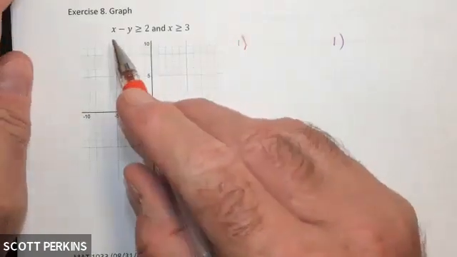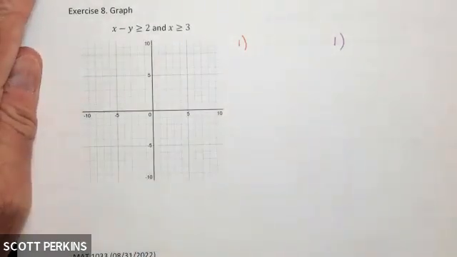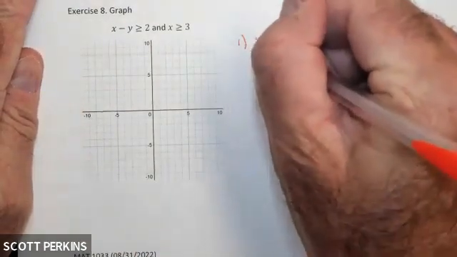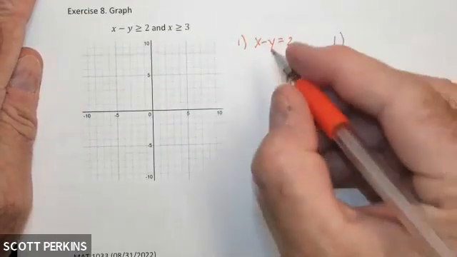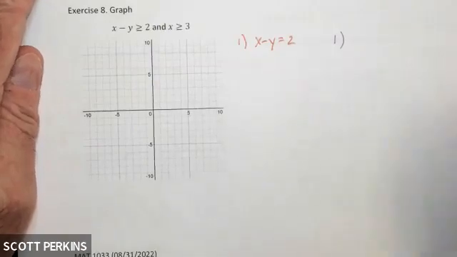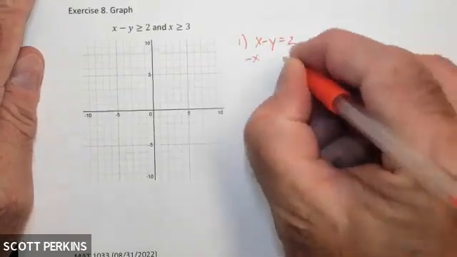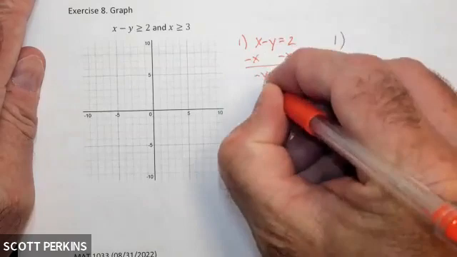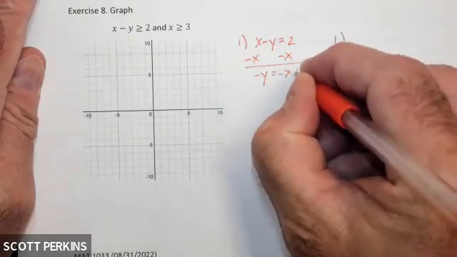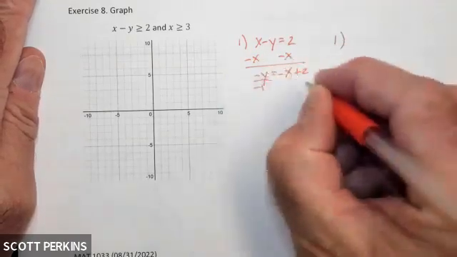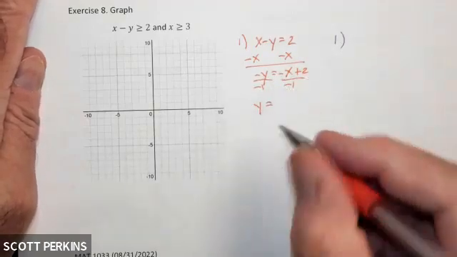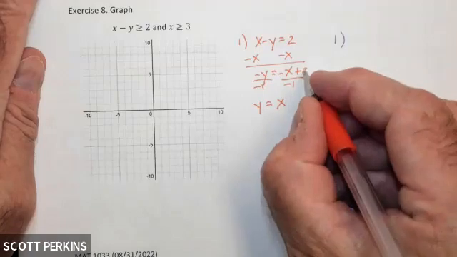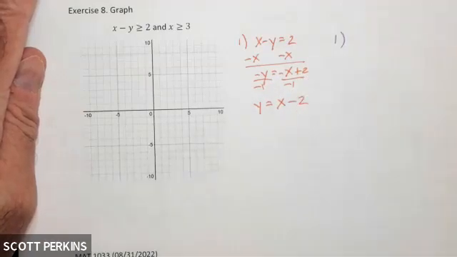So the first one, I'm just going to do x minus y greater than or equal to 2. My boundary is x minus y equals 2. I'm going to solve that for y. You're welcome to graph that using the x-intercept and the y-intercept. It doesn't matter. I'm just getting in the habit of solving for y. I'm going to divide by the negative 1, and I get y is equal to a negative divided by a negative is a positive x, and then a 2 divided by a negative 1 is negative 2.